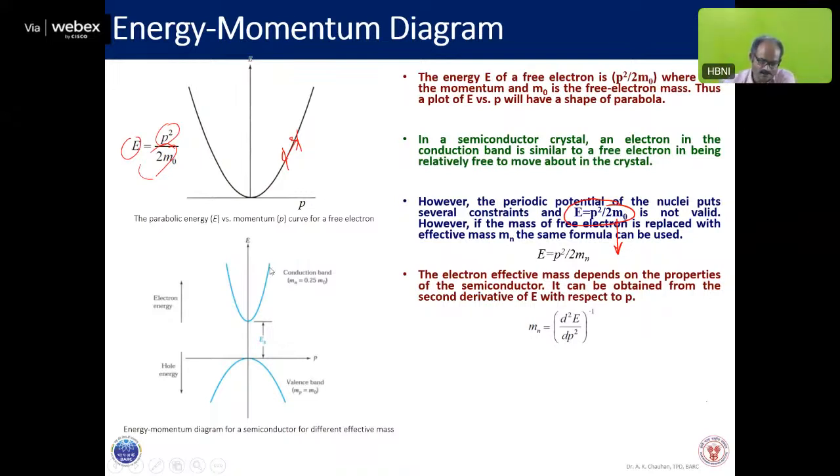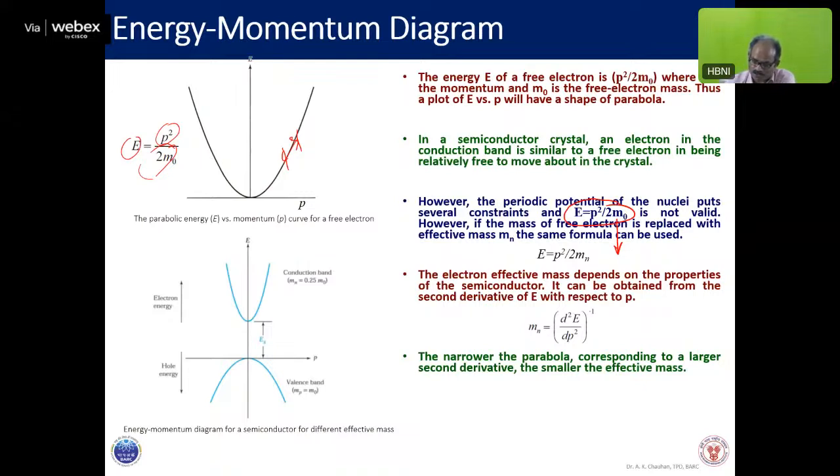So pictorially, we now have a conduction band and a valence band. In the conduction band, the effective mass is 0.25 of m0, and in the valence band it will be equal to m0. Now the narrower the parabola, the larger the second derivative and the smaller the effective mass.